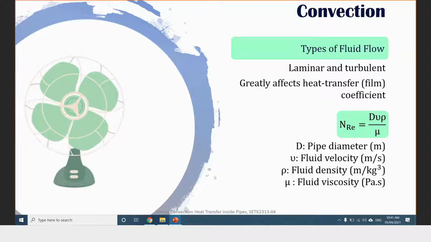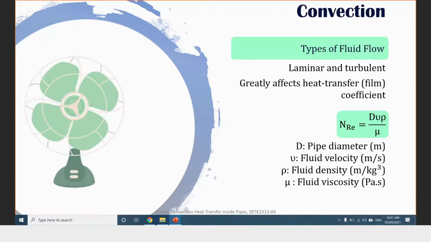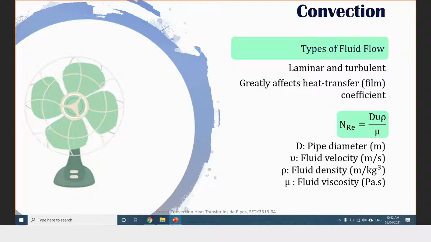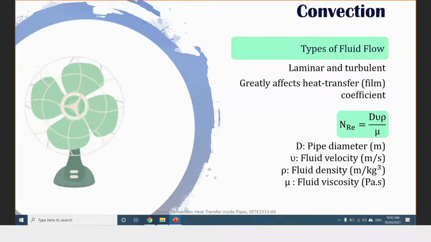You might be thinking, okay, but that is 2100 and 6000, so there are about 3900 values that are unaccounted for. This is what we call the transition region. We will talk about this a little bit more later on, but the transition region is simply the region where laminar flow changes to turbulent flow.